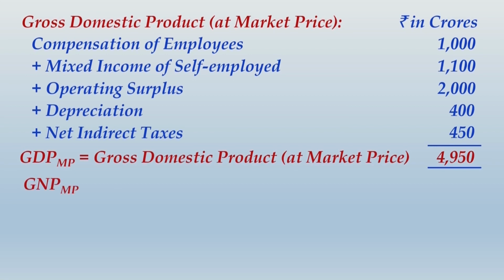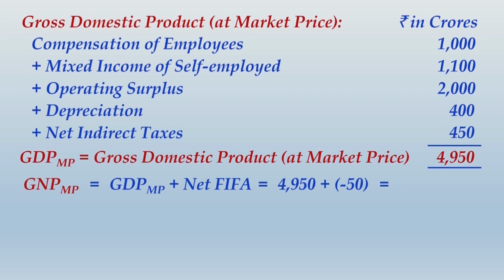If we want to find gross national product at market price, it will be GDP at market price plus net factor income from abroad. Net factor income from abroad was given as a negative, so it will be 4950 plus negative 50. In other words, it will be 4950 minus 50, that is 4900 crores.